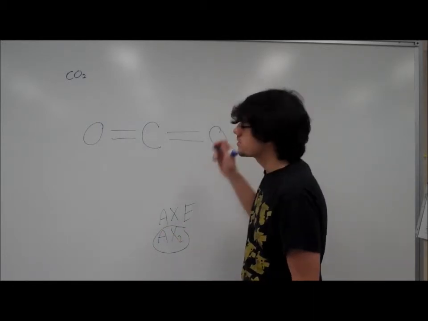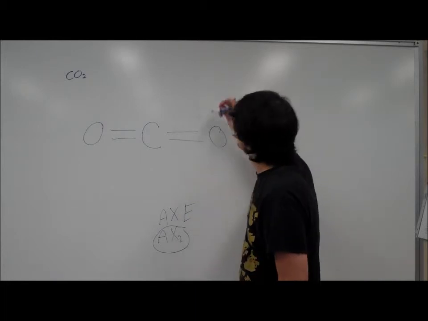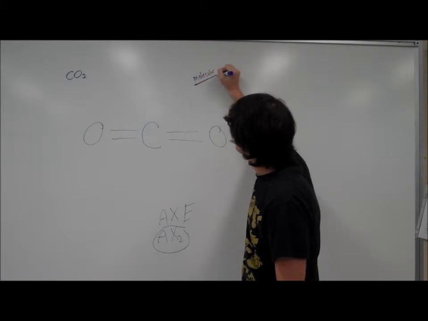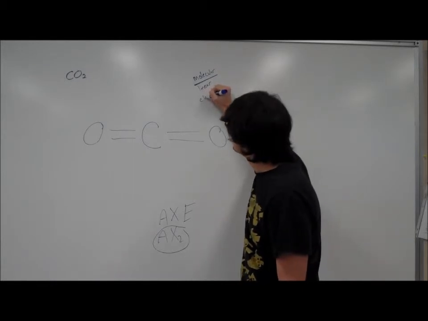Now referring to your chart in the lab manual, we can determine our molecular geometry is linear, and our electron geometry is also linear.